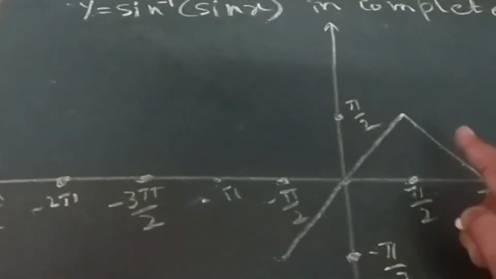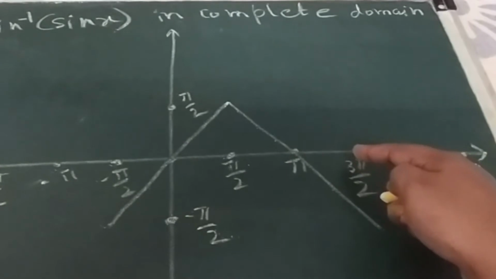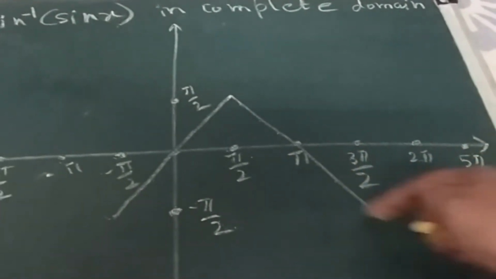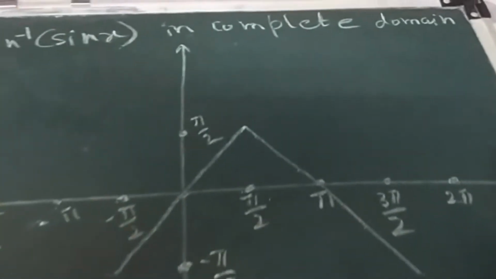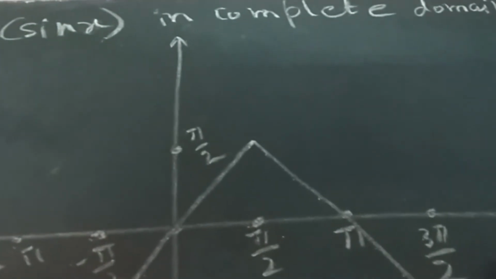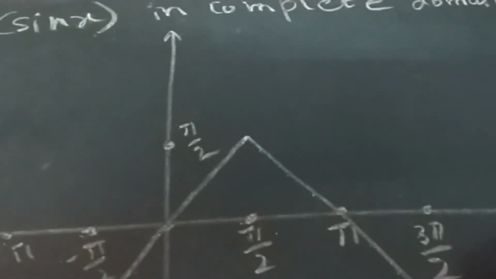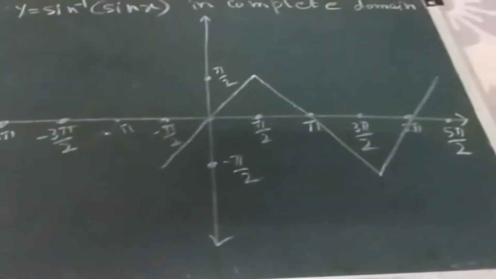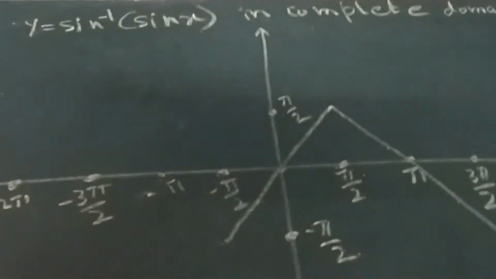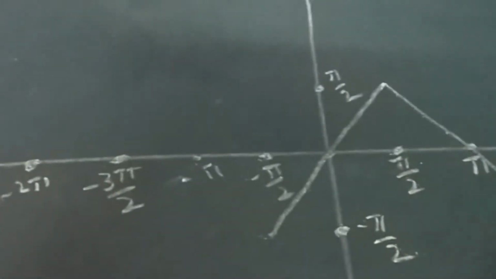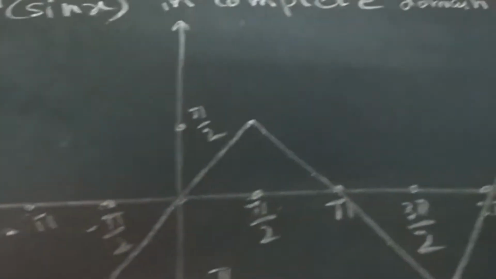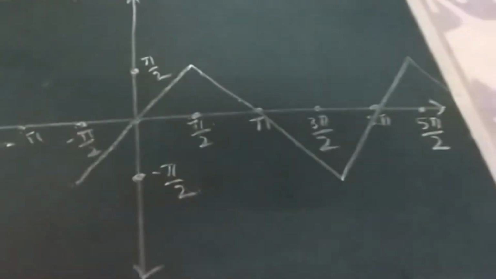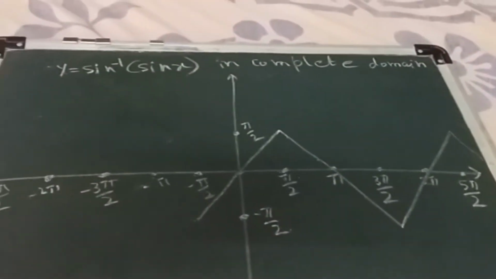At pi by 2 it is pi by 2, at pi it is 0, at 3 pi by 2 it is minus pi by 2, and so on. So again like this. And then again it will fall down. If I do like this, I will get the graph of y equal to sine inverse sine x.